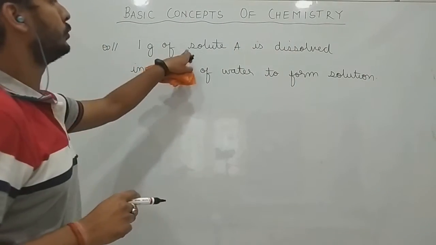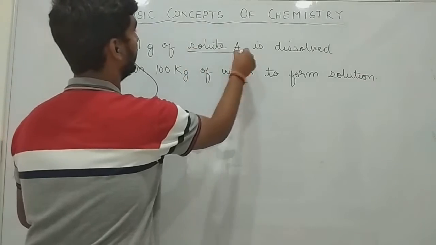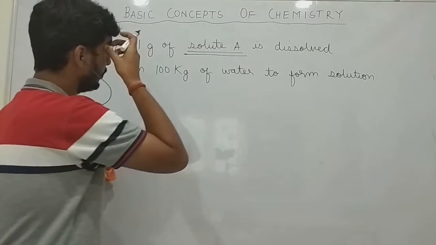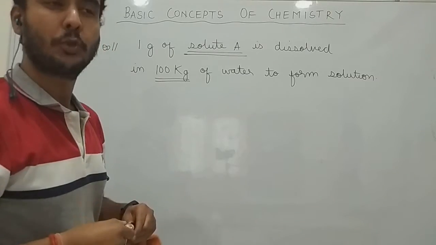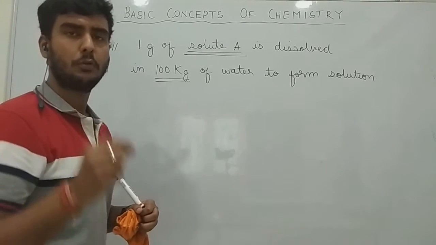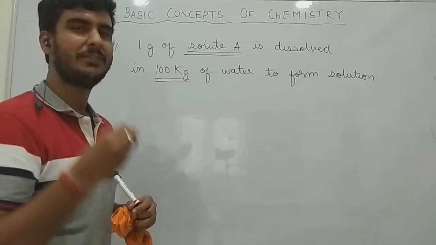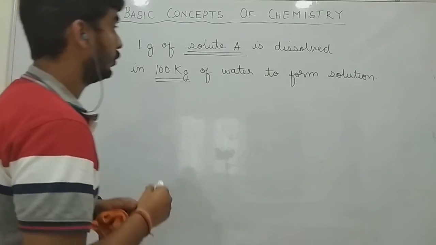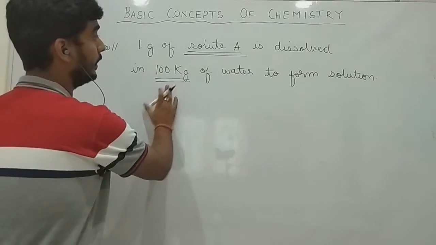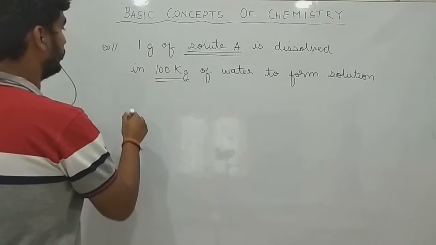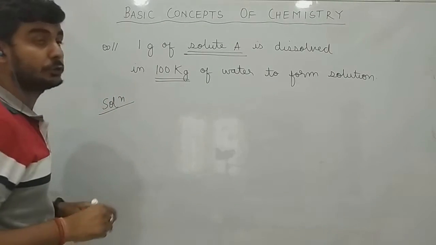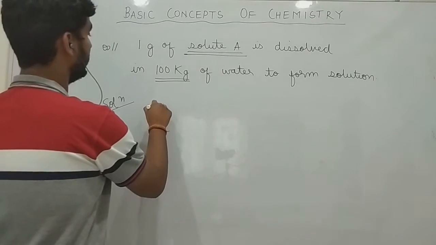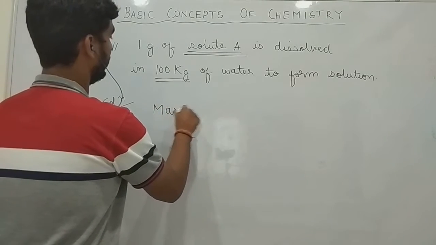So 1 gram of solute. As you can see, the amount of solute is very small as compared to the amount of solvent. So you can say the amount of solute in the solution will be very small. So let us calculate the ppm of solute A. First of all, we need to know the mass of solution. So what will be the mass of solution?